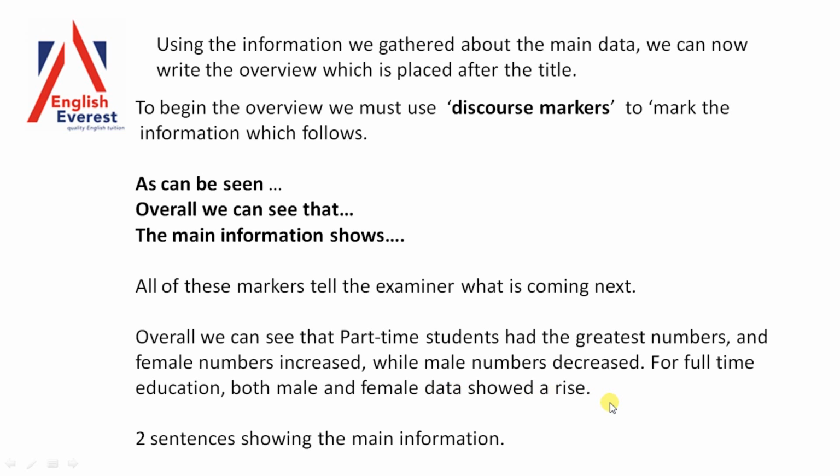Now yours might be slightly different to this, you might use different wording, but we've just highlighted the main points. So that's all you need, 2 sentences, maximum of 3. I would say you don't need 3 sentences unless there's a lot more information. Then you have to be creative in the way that you decide which information you're going to use.